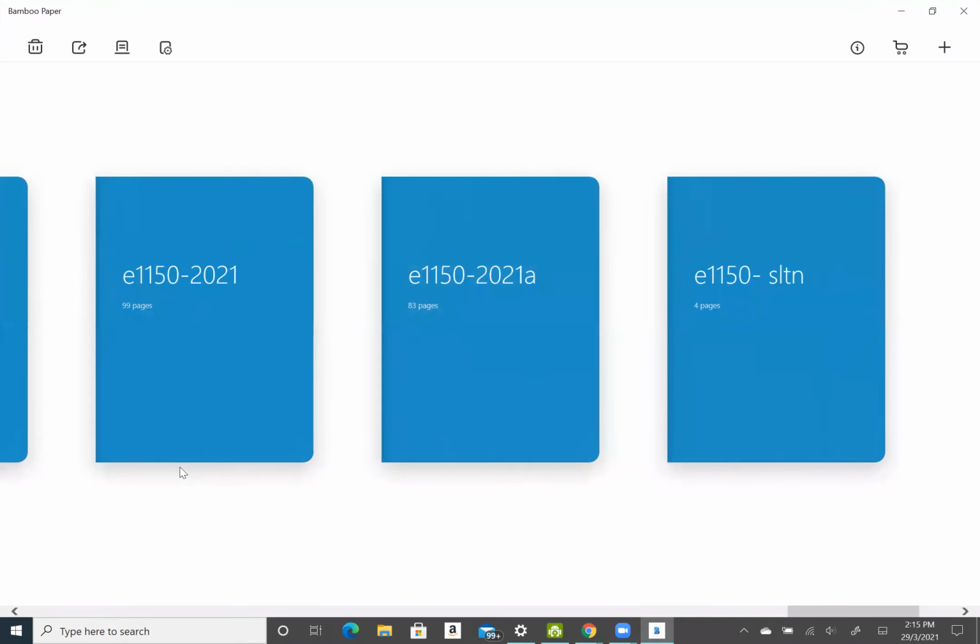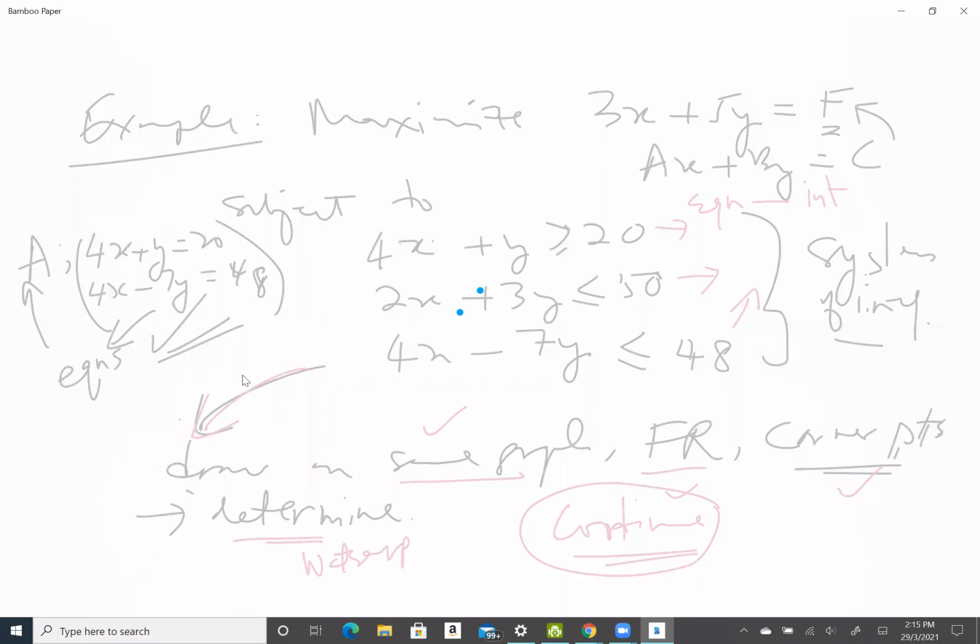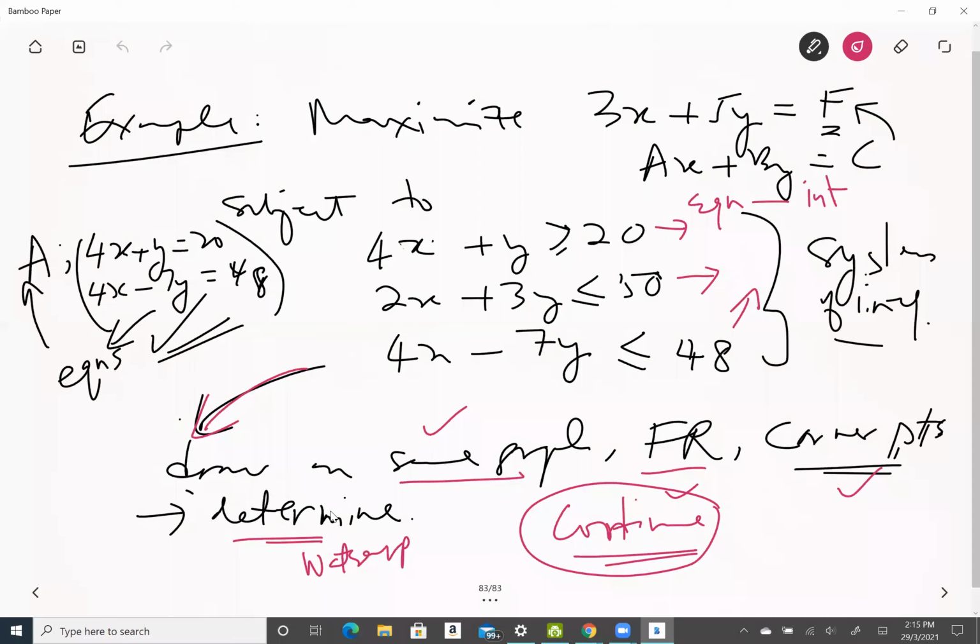We wanted to find the visible region for the problem here: maximize the objective 3x plus 5y, subject to the constraints.